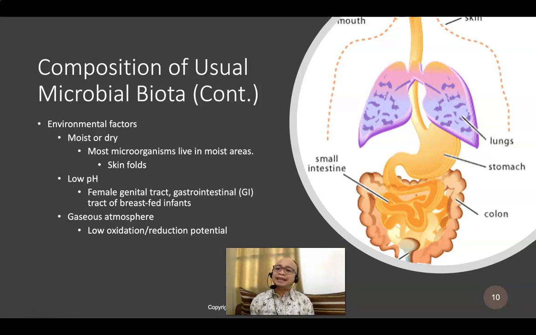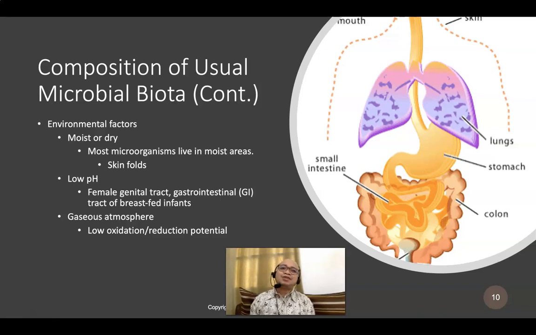Not only in the female genital tract, the gastrointestinal tract of a breastfed infant may have beneficial microorganisms to protect them against pathogenic microorganisms that may lead to various gastrointestinal tract disturbances such as diarrhea.